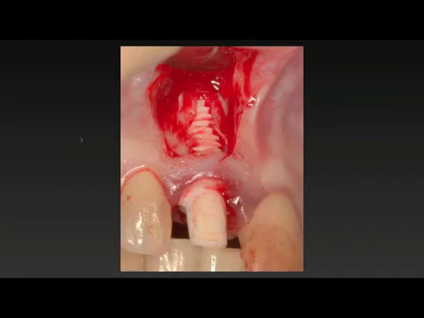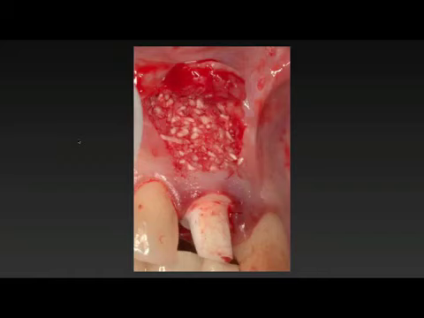And this is what we ran into, a large defect where we compromised the buccal plate. I subsequently grafted this case and prayed to the implant gods to give us a nice, fun result.